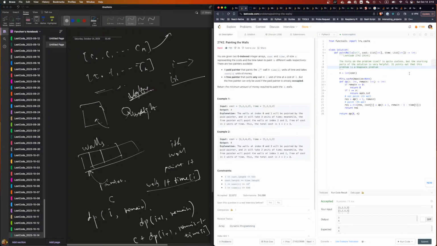Yeah, it's a knapsack problem where picking a paid painter I would incur cost I and complete time I plus 1 walls.